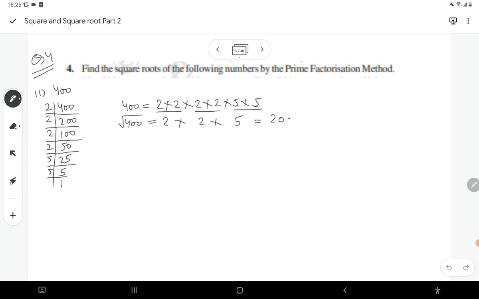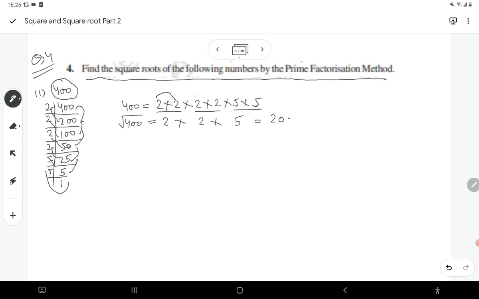Next question says, find the square root of the following numbers by the prime factorization method. So we have to find the square root of 400. We know that 2 two hundreds are 400, 2 hundreds are 200, 2 fifties are 100, 2 twenty-fives are 50, 5 fives are 25, and finally 5 ones are 5. And we have to form the pairs.